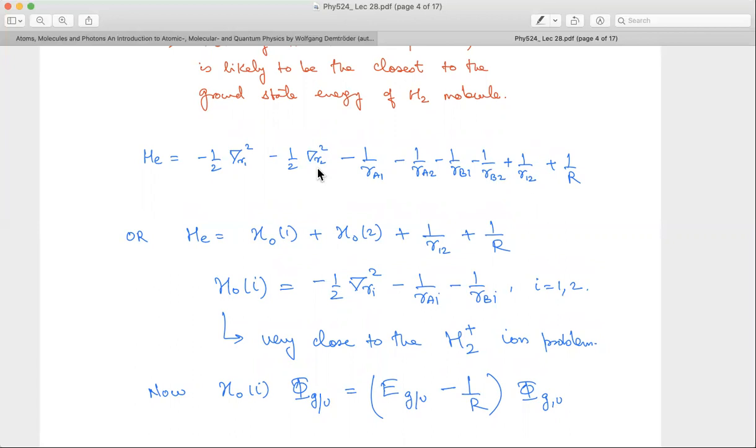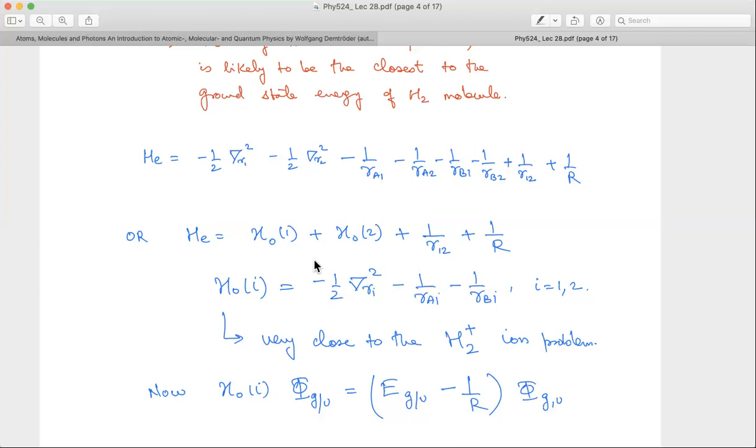So electron 1 with nucleus A, 1 by Ra1, electron 2 with nucleus A, 1 by Ra2, electron 1 with nucleus B, 1 by Rb1, electron 2 with nucleus B, 1 by Rb2, then electron-electron repulsion, which is 1 by R12 with a plus sign, and nucleus-nucleus repulsion, which is 1 by R. So this is the full Hamiltonian of the system.